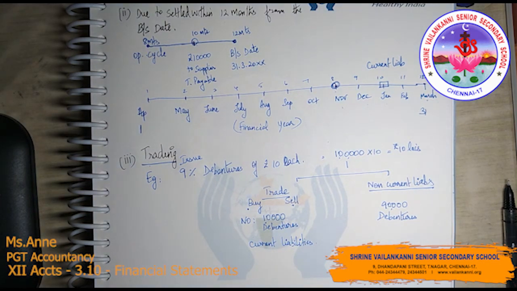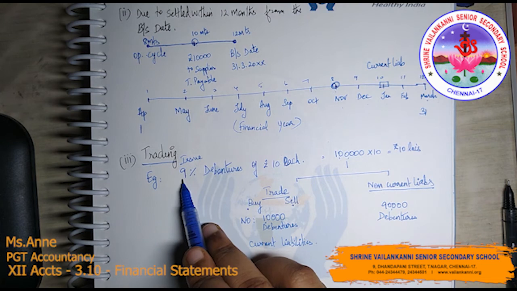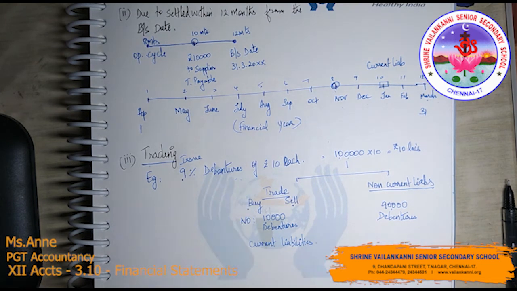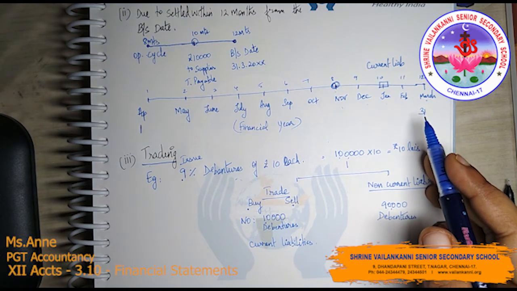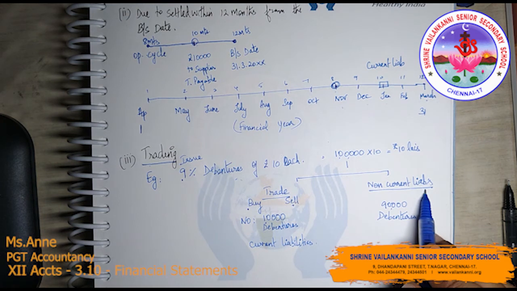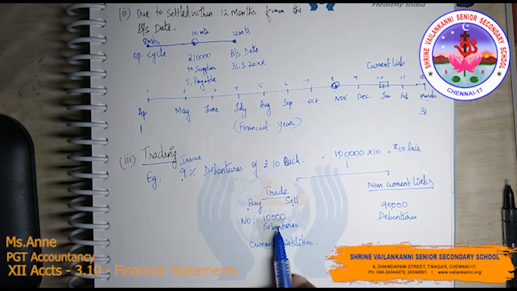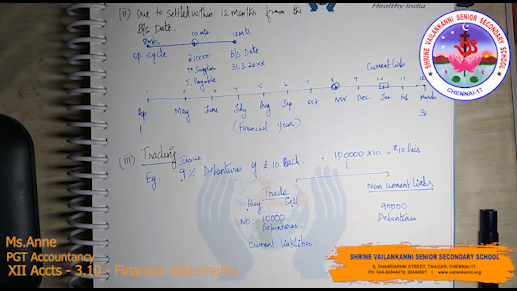It may be a little weird because we are always tuned that once you see debentures, it should be treated as long term borrowings, which comes under non-current liabilities. But we have to be very careful. If it is utilized for trading purpose, then it will be treated as current liabilities.